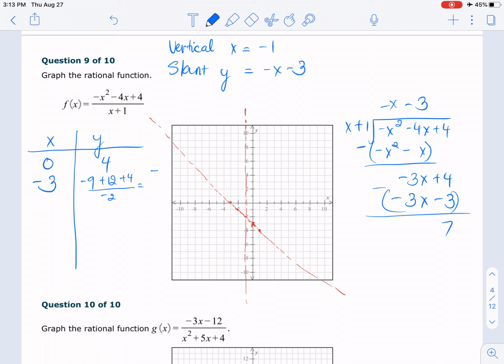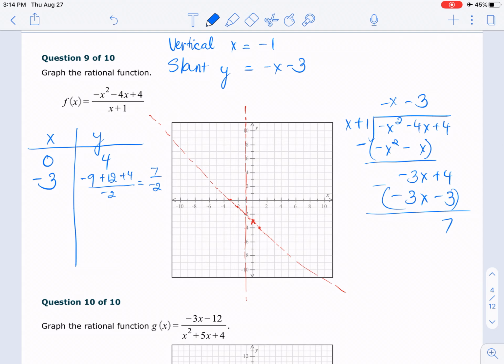So it's going to be 7 over negative 2. So that's negative 3.5.